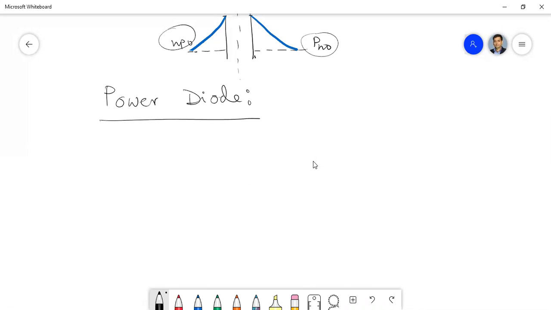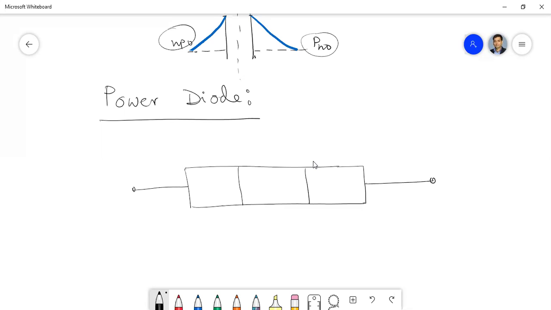So if I draw in a similar way as I have drawn, there will be three layers. So what is the first layer? Can anybody tell me what is the first layer in the power diode? It is P plus, N minus, and N plus. Okay, so these are the three layers present in the power diode.